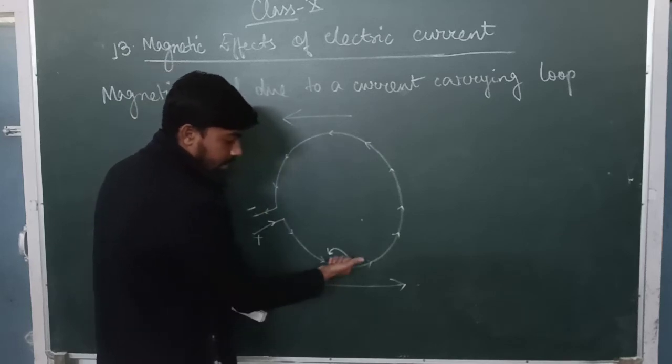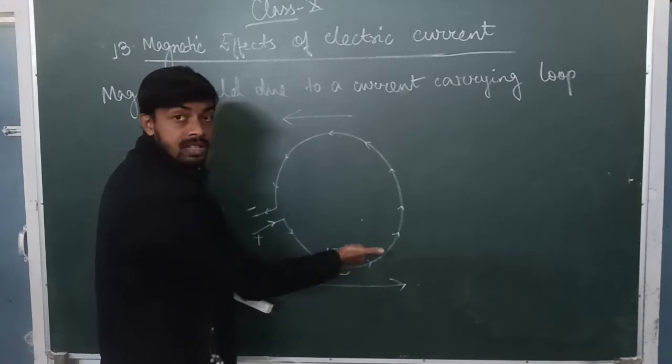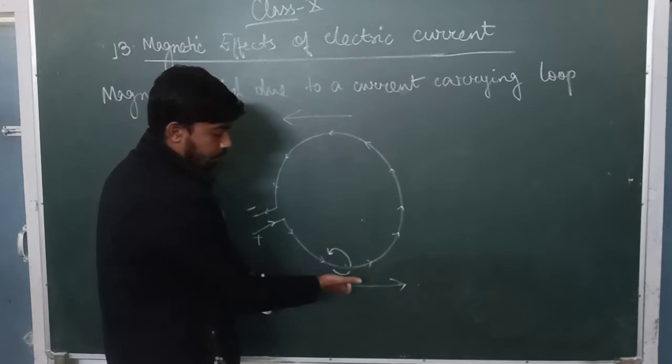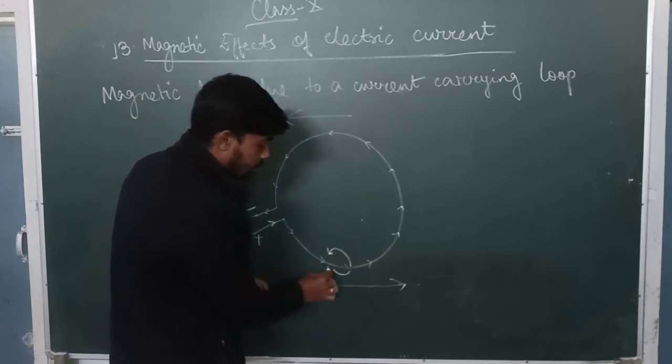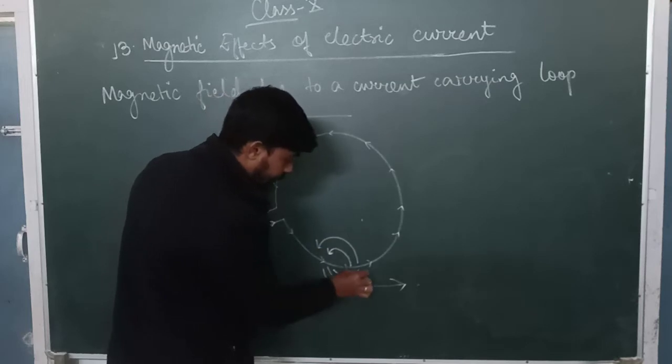Just see like this: the current is flowing in this direction, and the magnetic field is along the four folded fingers. So applying the right hand thumb rule, the magnetic field will move through the inside of the conductor and come out. It will go like this.